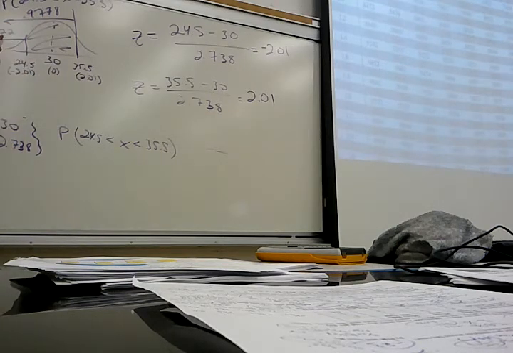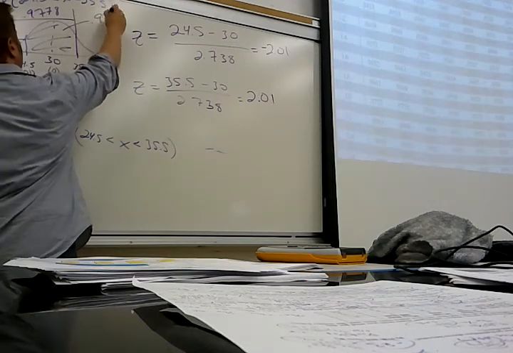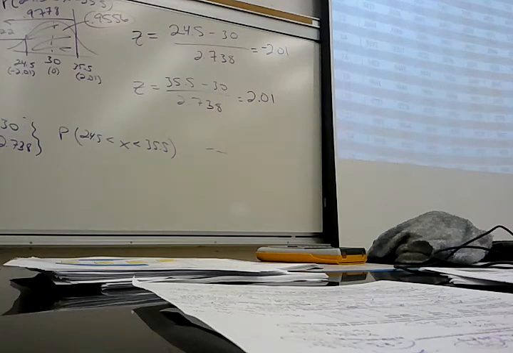And when you subtract those, sure enough, you get 0.9556, which is close enough to 95% for me, right? So that's section 6.2. They only have z-scores in 6.2. And in 6.3, they do one more step. They start off with x's, so you have to make them z-scores first, right? Okay, cool.